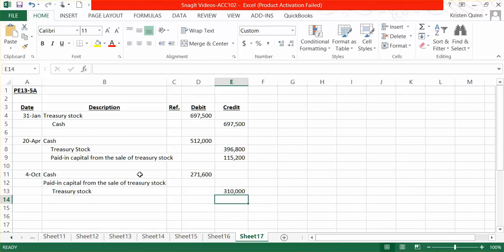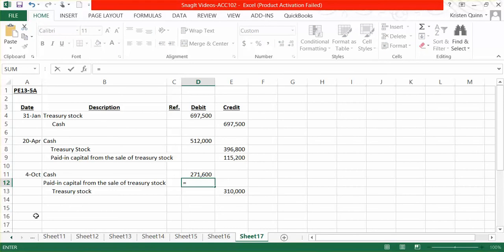So, again, comparing the cash that we received of $271,600 to the cash we had paid to buy the treasury stock, our cash is less, which means we've lost money. So we take the difference between the cost we had and what we're receiving, to calculate the amount of our contra equity account of paid-in capital from the sale of treasury stock. On October 4th, we're actually losing $38,400.